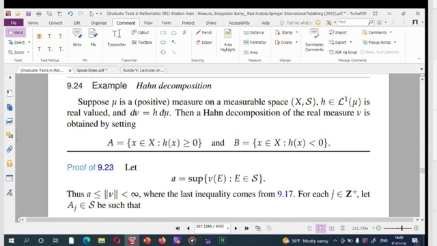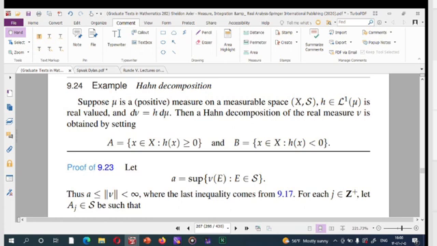Okay, that we define so that nu of E equals the integral of h on E. Then a Hahn decomposition of the real measure nu is obtained by these two sets.